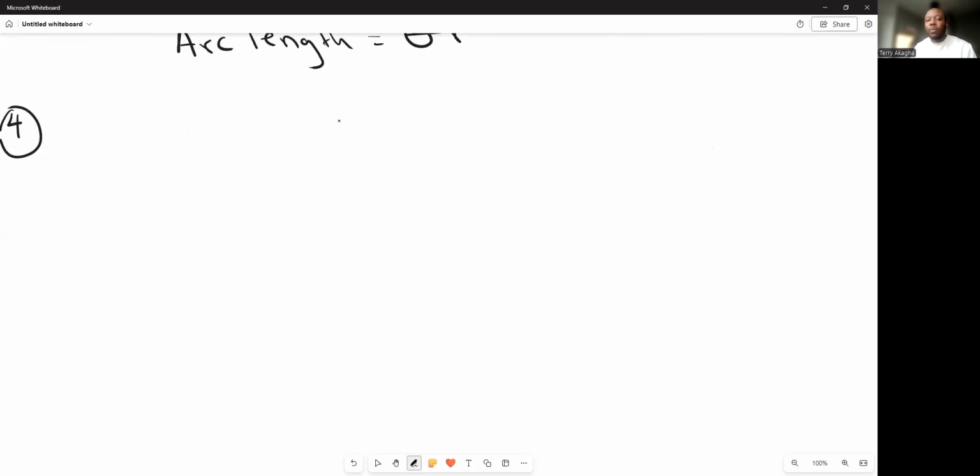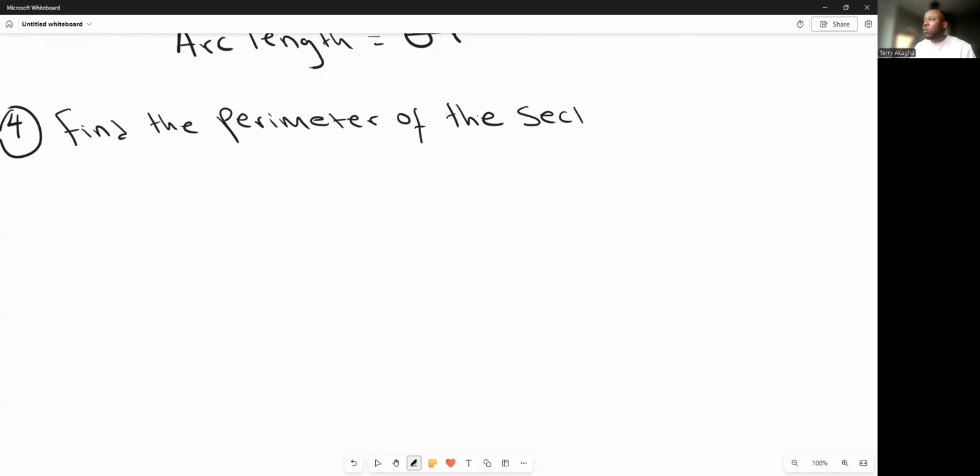Now, when you're done with that, the next step is you can now find the perimeter of the sector. So you find the perimeter of the sector using the formula.